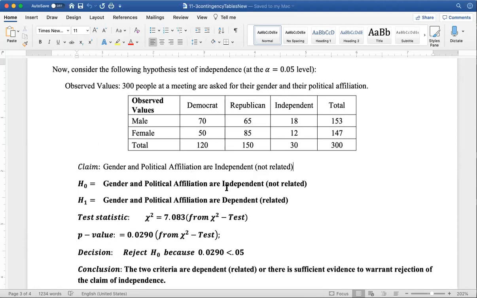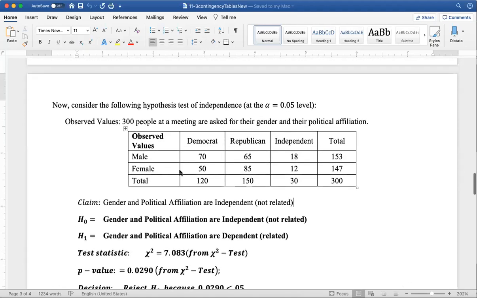The null hypothesis is the same as the claim: the 2 categories or criteria are independent and thus not related. And H1, the alternate hypothesis, is that the 2 criteria or categories are dependent. They are related.